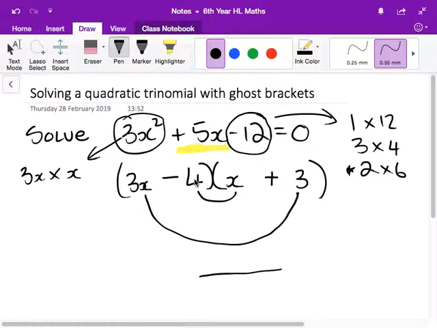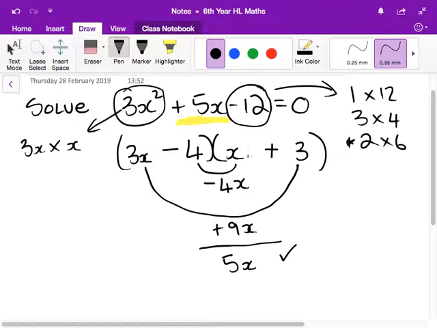Then minus 4 by x is minus 4x, and 3x by 3 is plus 9x, and together they make 5x, which is what we're looking for, which means they are the factors. So then I can solve.